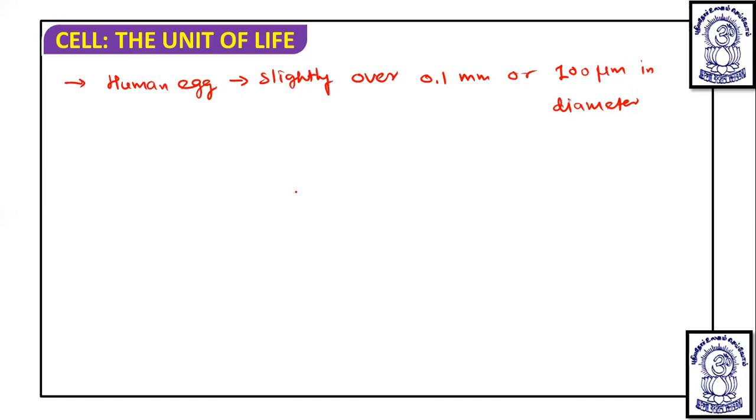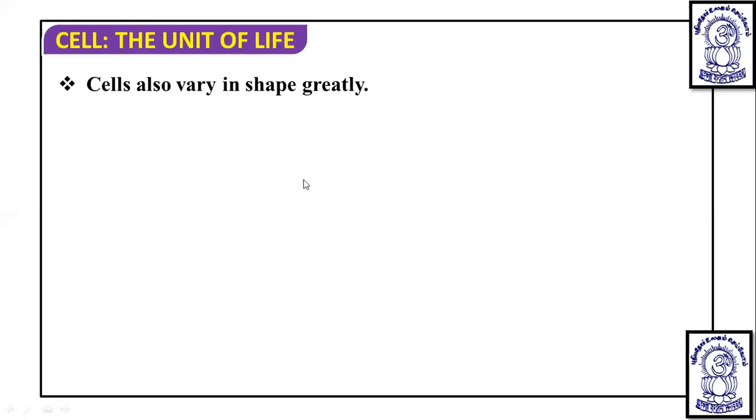We discussed that the egg of ostrich is too large. So this is all about the different sizes of particular cells.